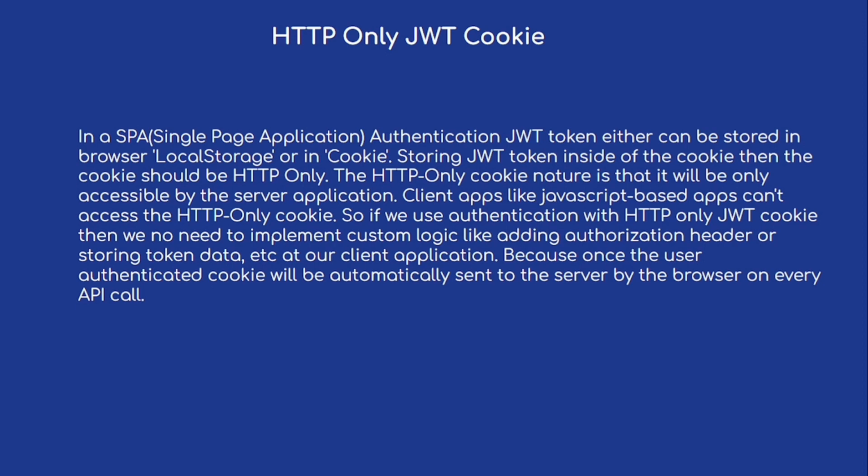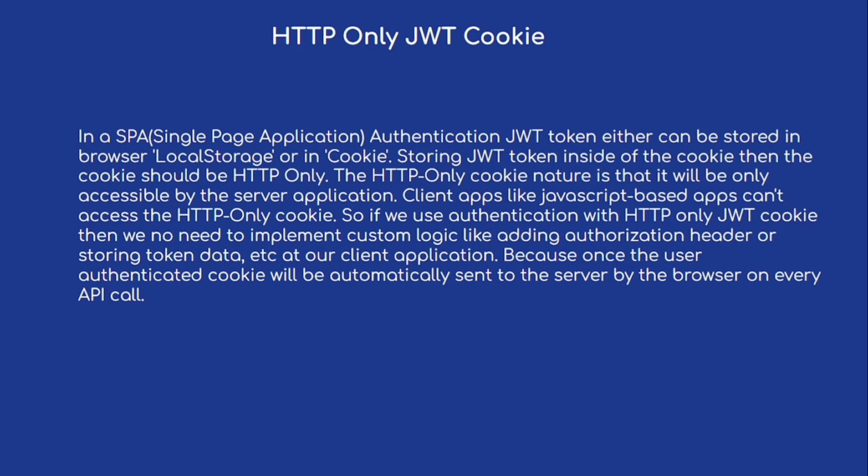If you use an HTTP only JWT cookie for authentication, then we don't need to implement any custom logic like adding an authorization header or storing token data. In general, if we have a token, for every secured API we must add that token as a header to the request.